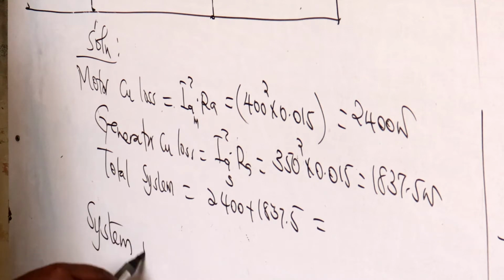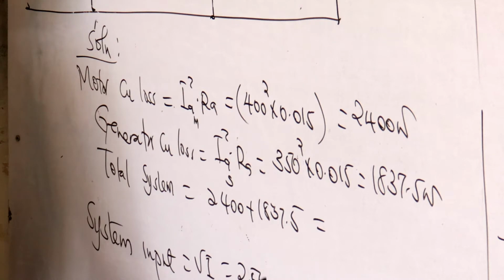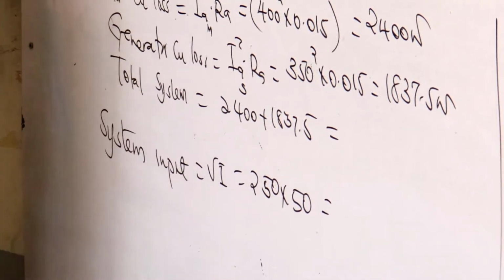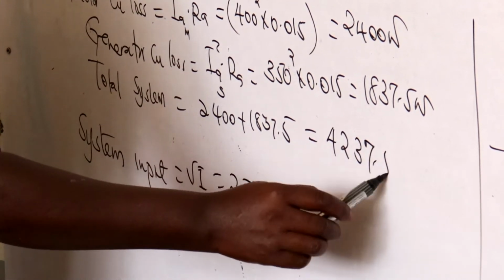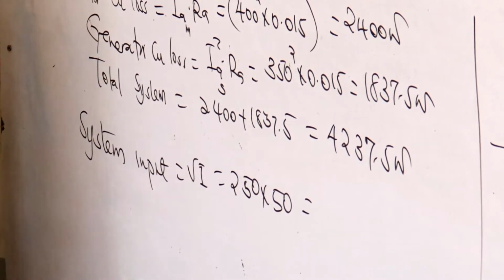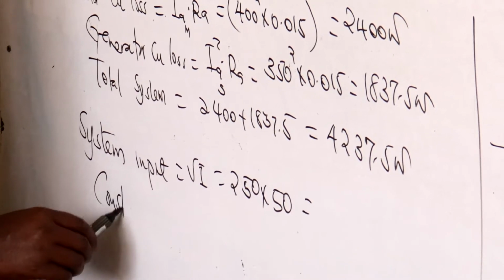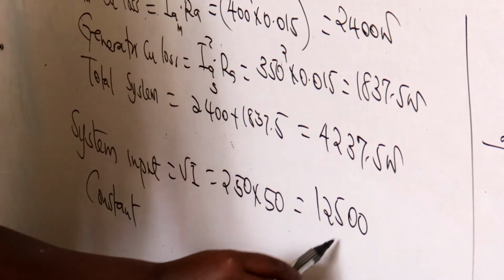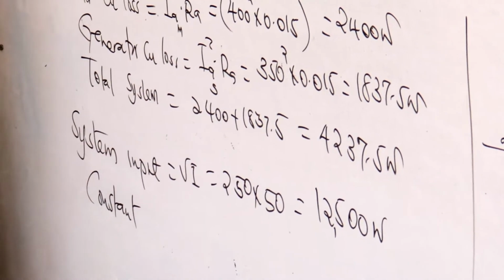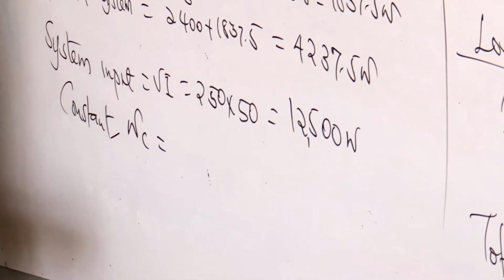Then we talk about system input, which is VI, 250 times 50, which is 12,500. The constant loss WC will be the system input minus the losses.